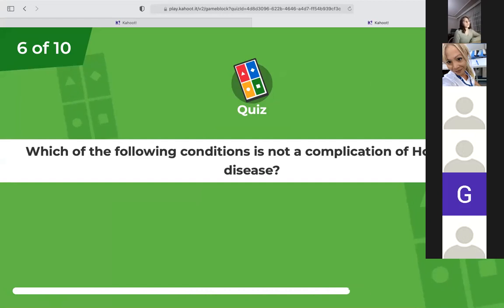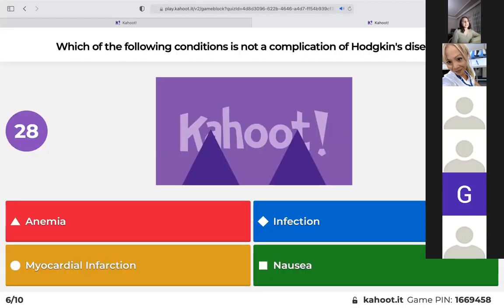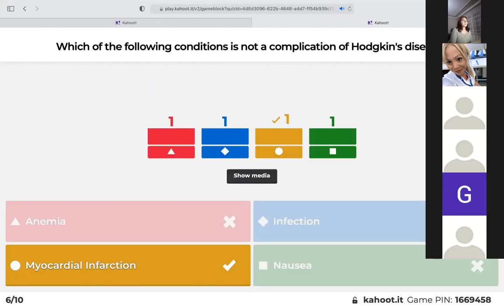Which of the following conditions is not a complication of Hodgkin's disease? Blood infection.